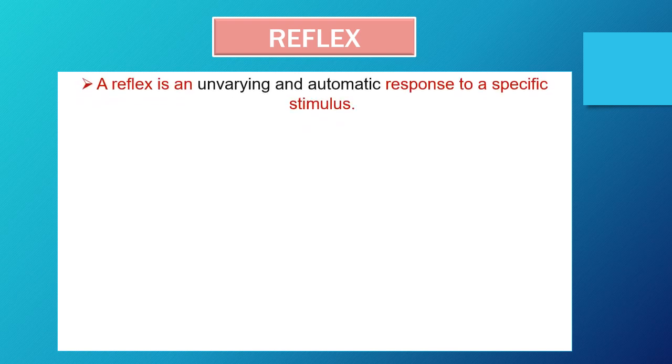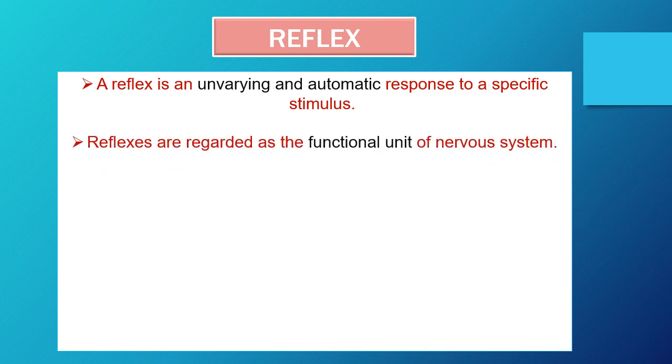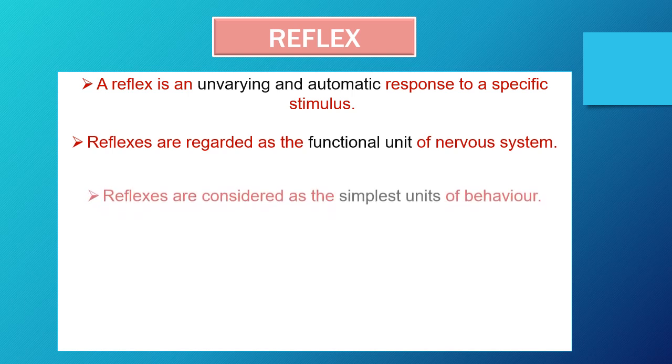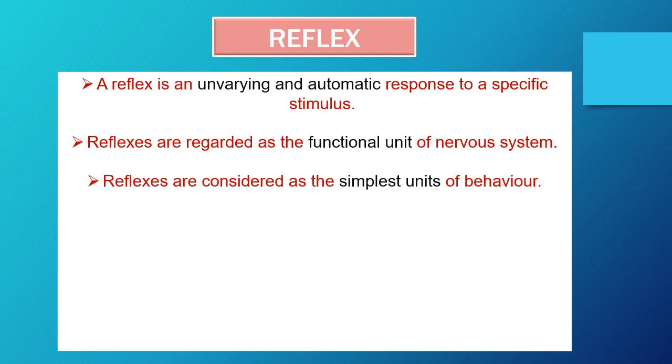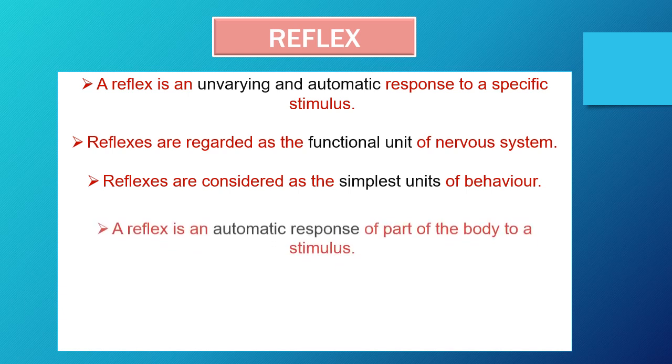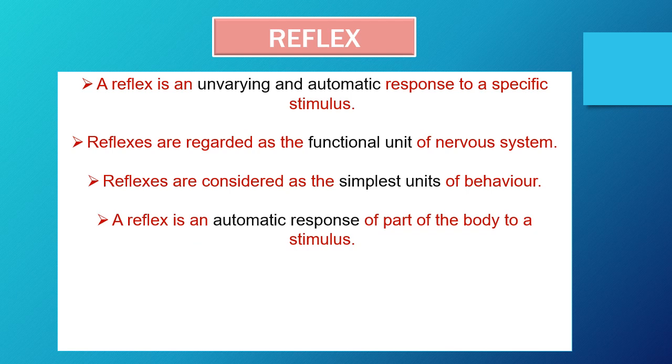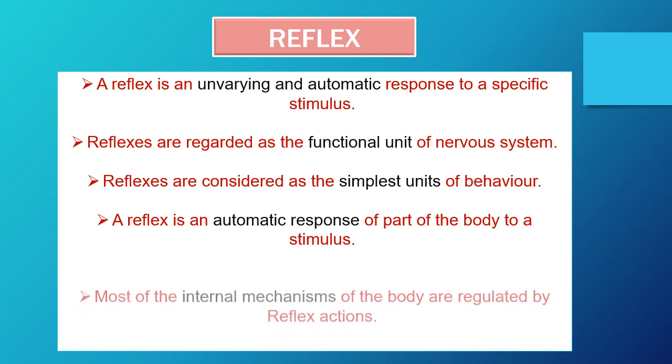A reflex is an unvarying and automatic response to a specific stimulus. Reflexes are regarded as the functional unit of the nervous system. Reflexes are considered as the simplest units of behavior. A reflex is an automatic response of part of the body to a stimulus.